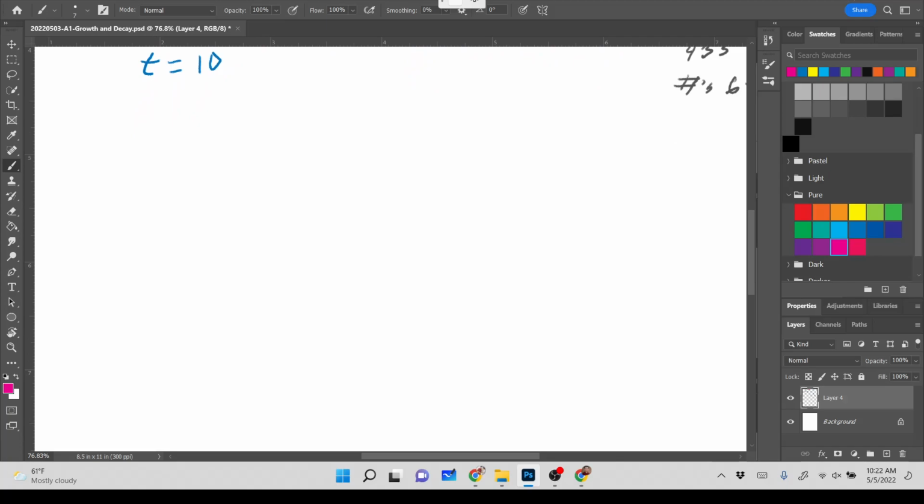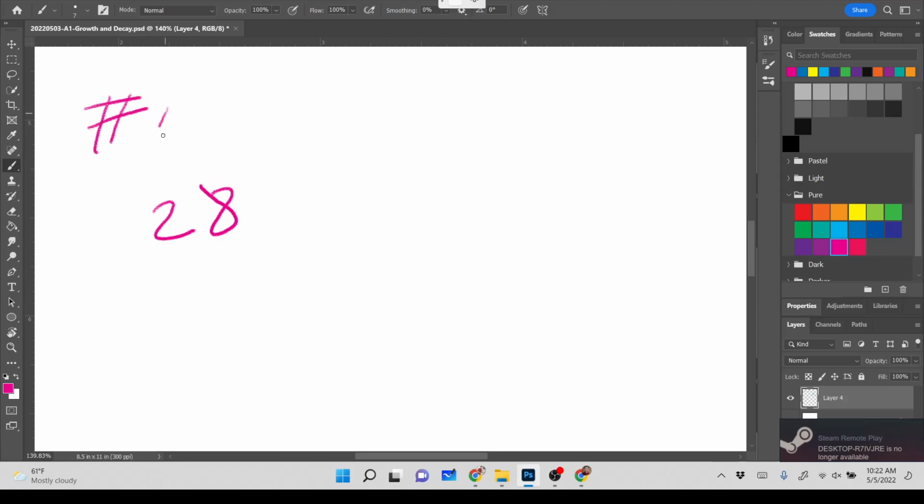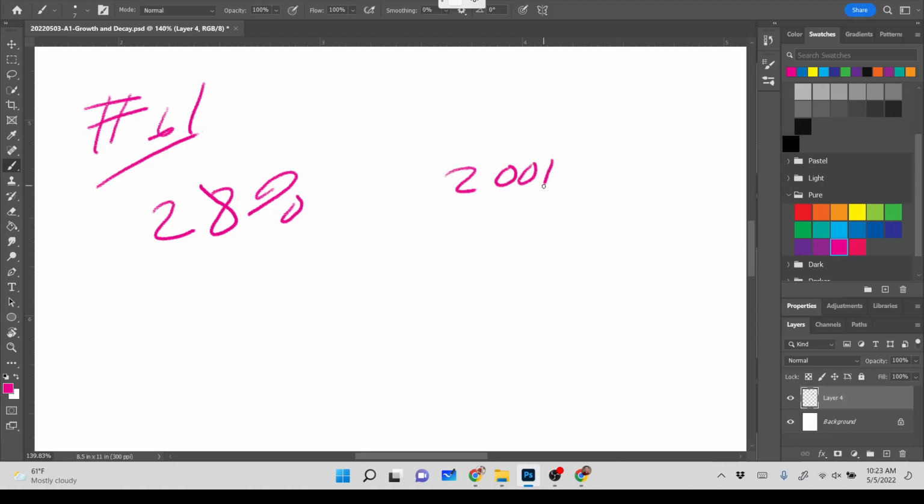Okay, number 6. The number of people who owned computers increased by about 28% annually since 2001. This is number 6, right? 28% annually since 2001.